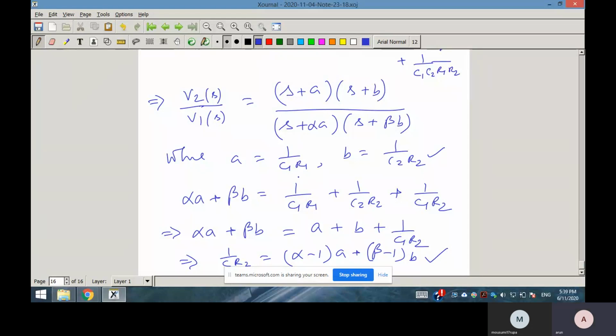That means C1 R1 equal to 1 by A, C2 R2 equal to 1 by B, and then C1 R2 has to be like this, alpha minus 1 into A plus beta minus 1 into B. So suppose given A, B and alpha, if you want to realize like this, then C1 R1 should be 1 by A, C2 R2 should be 1 by B, and 1 by C1 R2 should satisfy this equation.